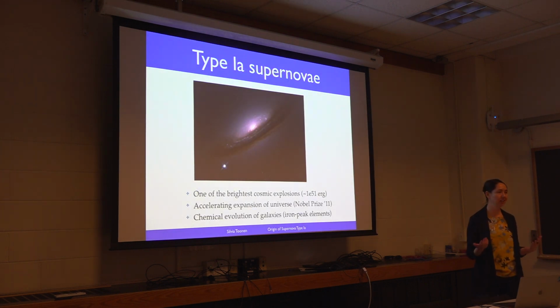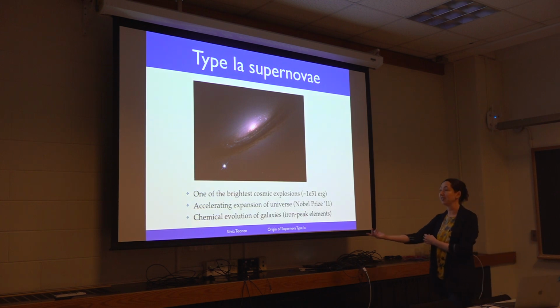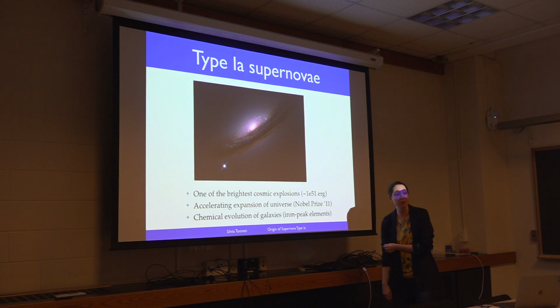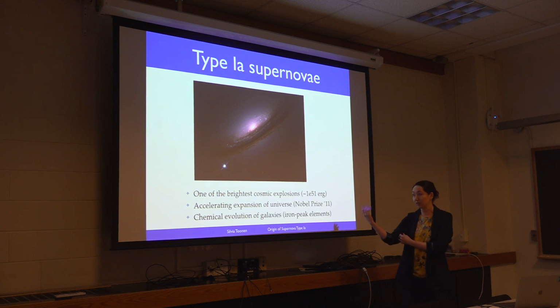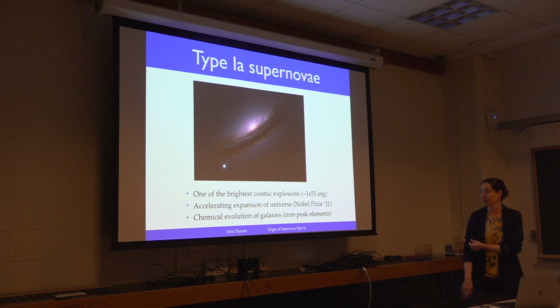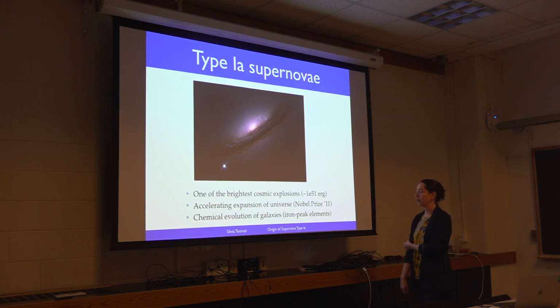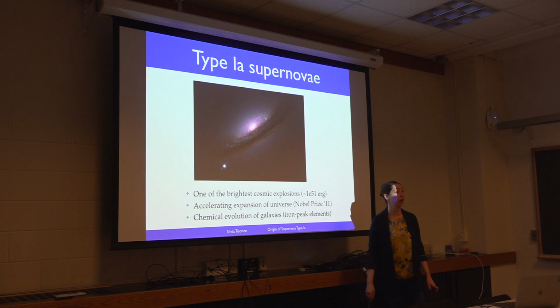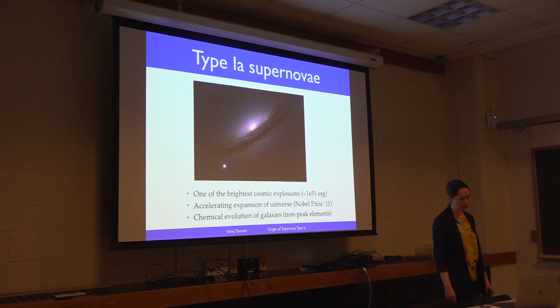Type 1a's hardly need an introduction, but I do feel a bit obliged to say something. They are one of the brightest cosmic explosions. They have been very useful tools in cosmology to measure distances, as well as the expansion of the universe. And they're also responsible for the majority of our iron peak elements.